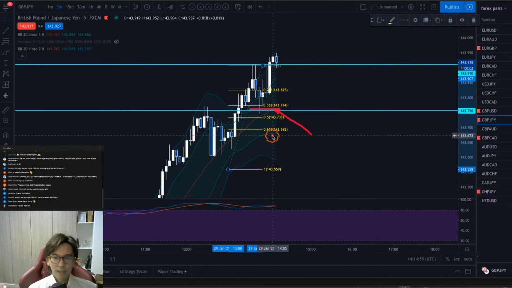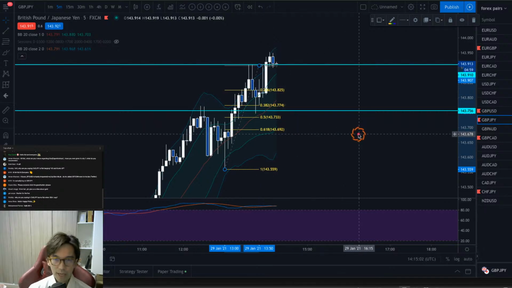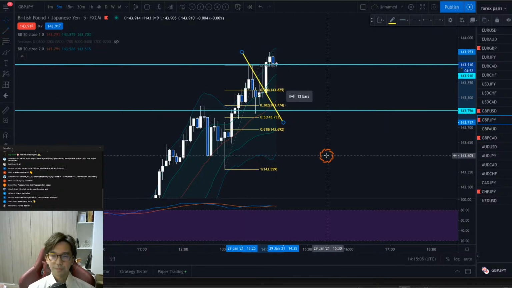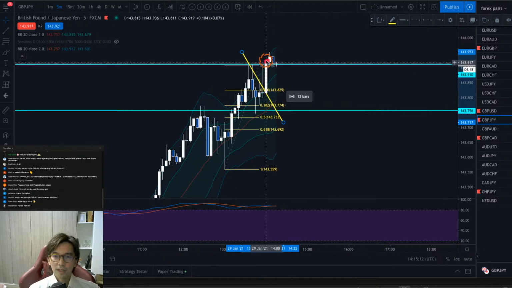So that will be a great confirmation also. And then I can see there is a candle trend line breakout happening at the moment. So exactly over here will be a great buy chance.